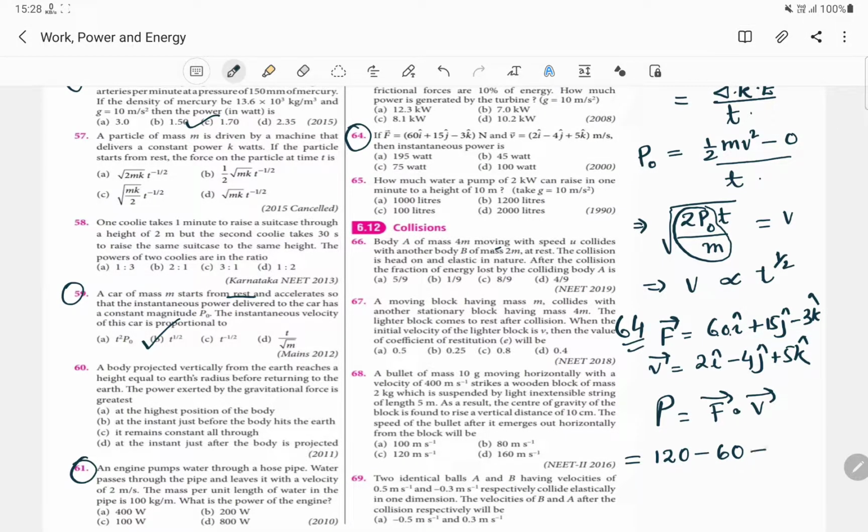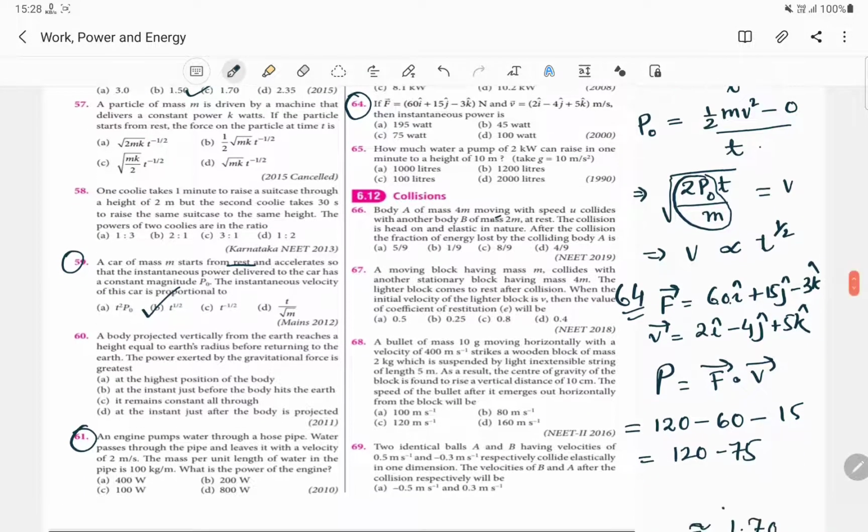And again minus 15, 3 into 5 is 15. Here we have 120 minus 75, and our answer will be 45. Answer will be 45 watt.